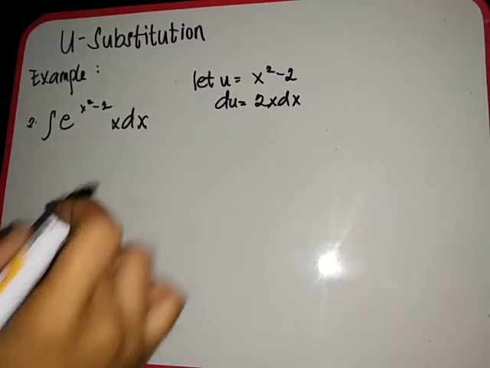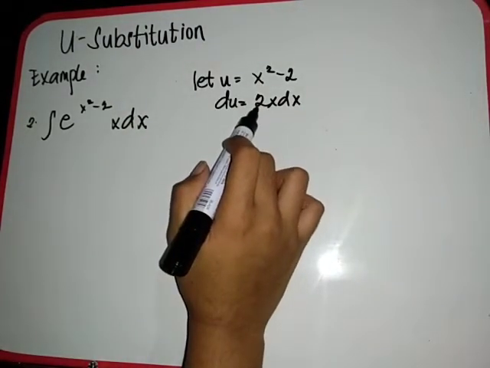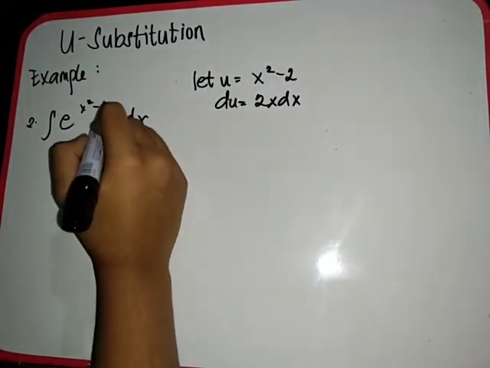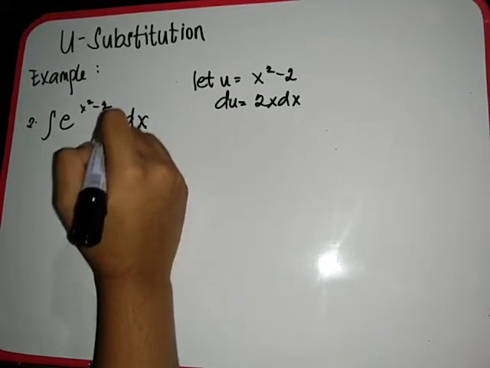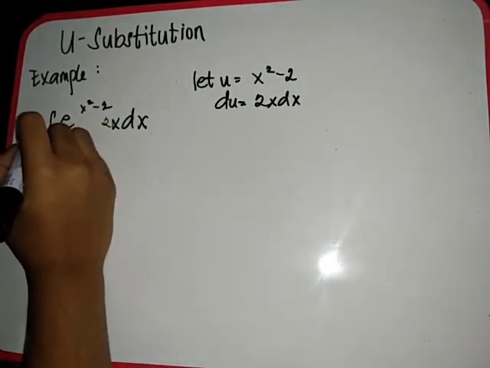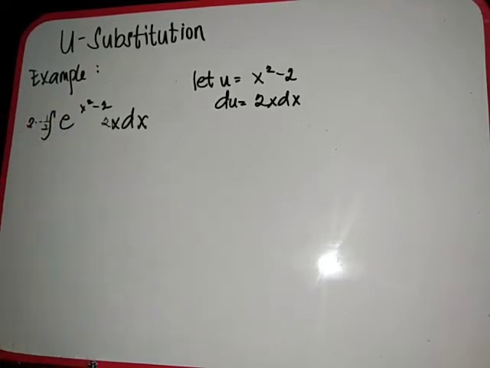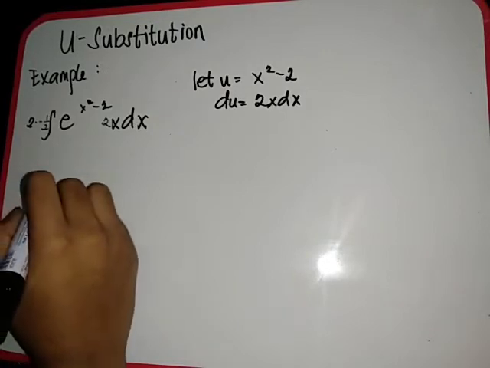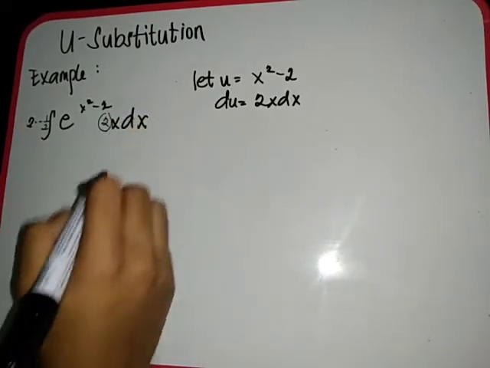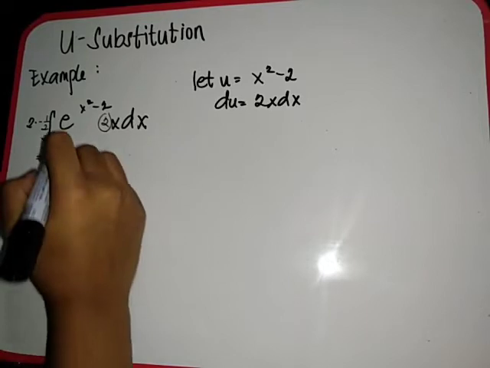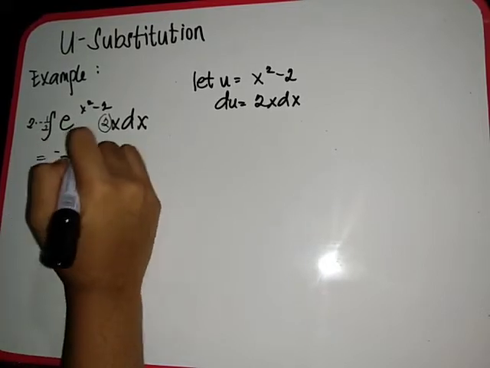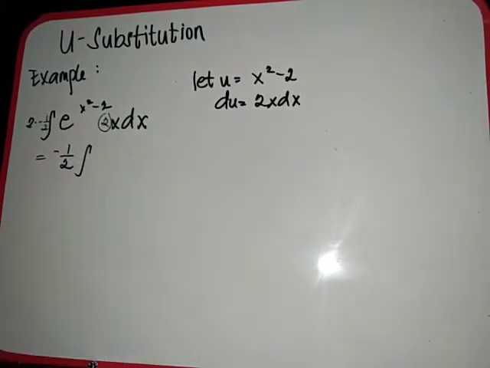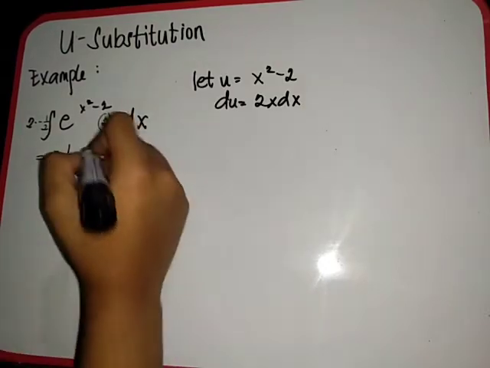So we have to add this here, 2, and then add this as negative 1/2. So it equals negative 1/2 integral of e.